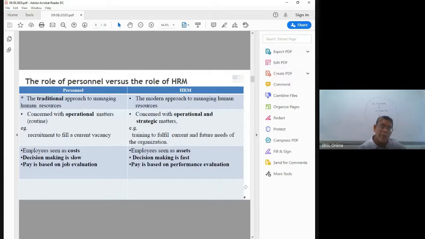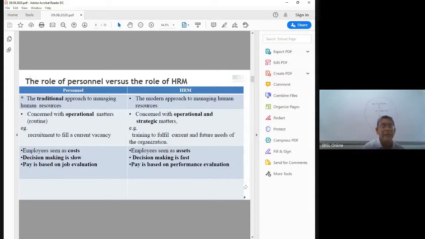Bank A opens new branches, Bank B can also open branches. Bank A comes up with a new IT solution, an app, Bank B can come up with the same app. So everything you can copy. But one thing Bank B cannot copy is Bank A's employees. That is a unique feature. You can't get the same set of people.